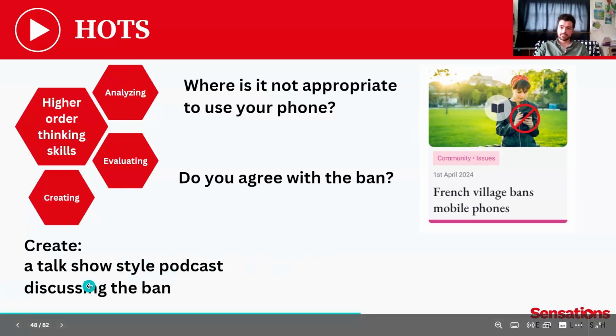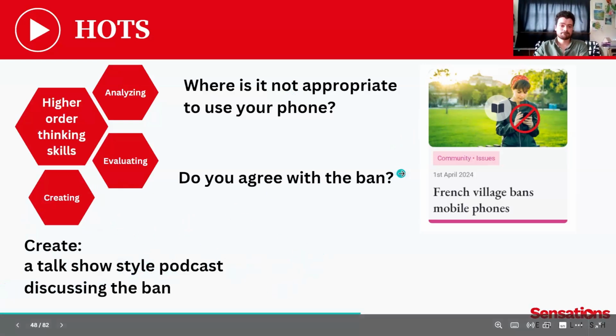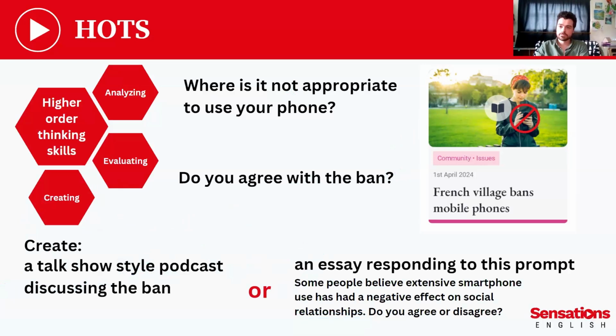I like podcasts. I think those are great ways of engaging students. So you could create a talk show style podcast discussing this ban. Or you could have an essay responding to a test prompt. For example, some people believe extensive smartphone use has had a negative effect on social relationships. Do you agree or disagree?